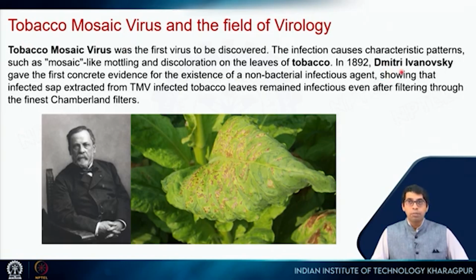In 1892, Dmitry Ivanovsky gave the first concrete evidence for the existence of a non-bacterial infectious agent, showing that infected sap extracted from these leaves infected tobacco leaves, even though you filter this sap through a filtering agent. This means that there is something even smaller than known bacteria that can infect, and that is how the first virus was discovered.